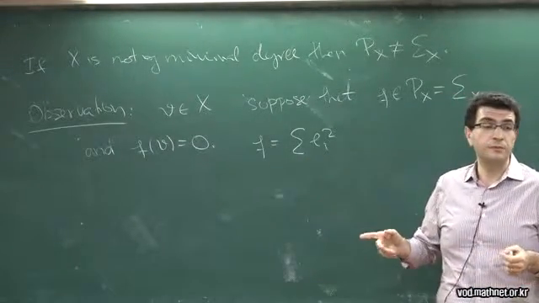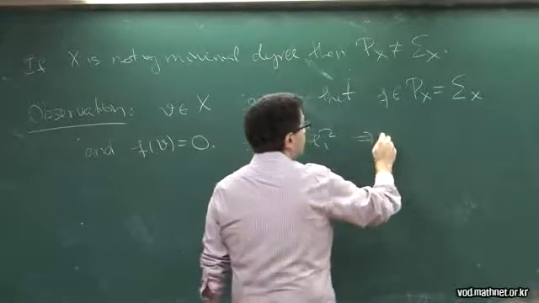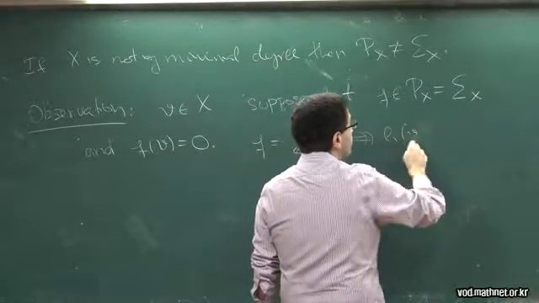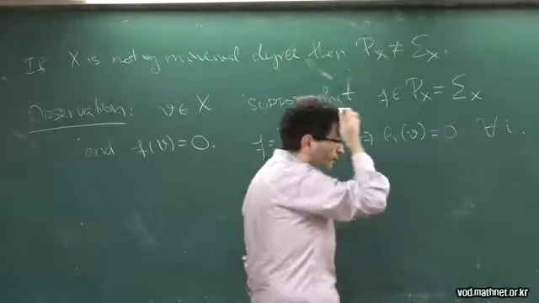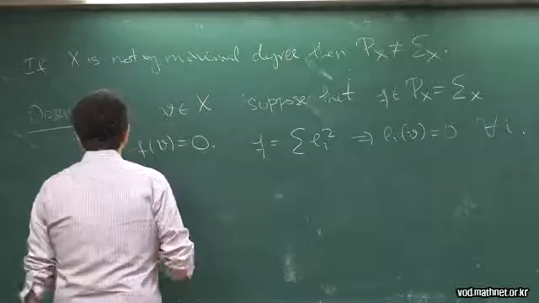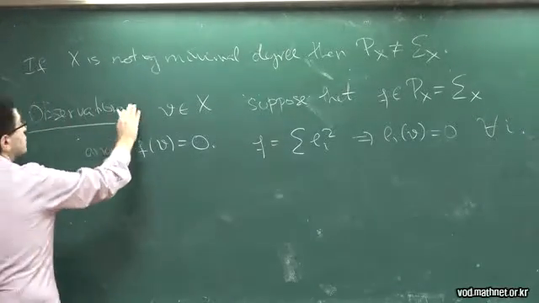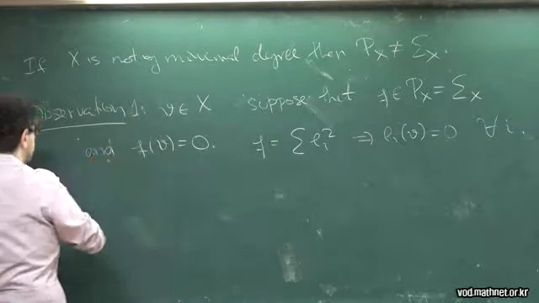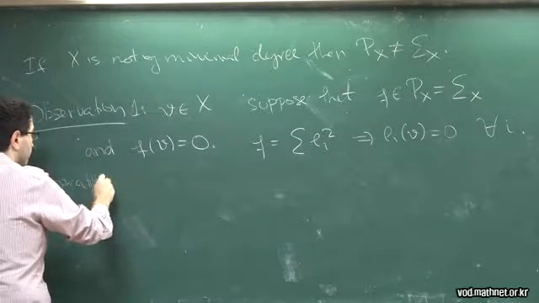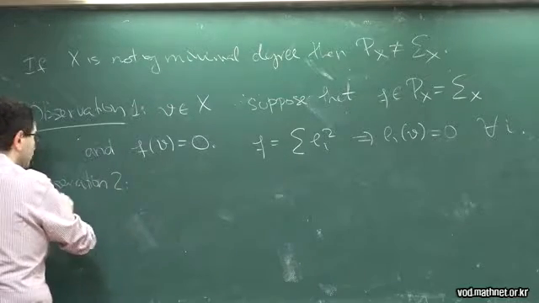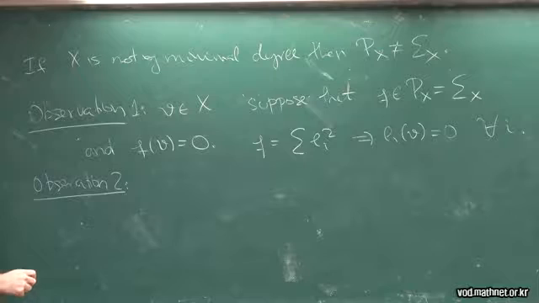As I said, it's going to be trivial observations. They are all 0. They must be all 0, so Li of V is equal to 0 for all i. Okay, so let's keep this in mind, and call this observation 1.